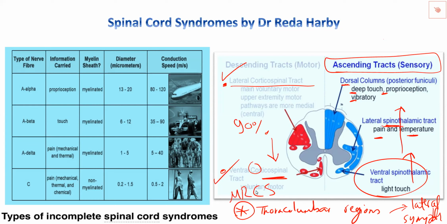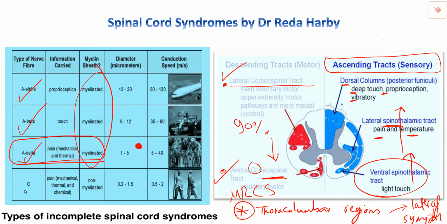Another question regarding the type of nerve fibers. We have A alpha, A beta, and A delta fibers. All of these fibers are myelinated. The most important one is the A delta fiber for transmission of localized sharp fast pain.